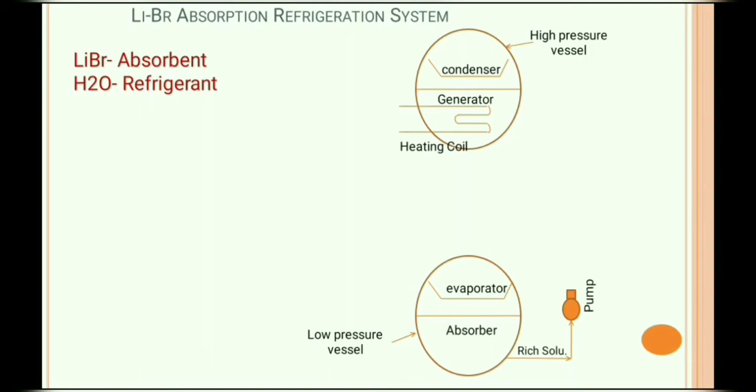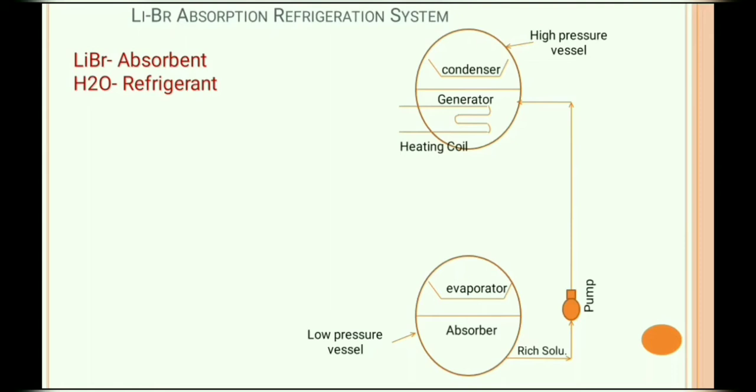The function of the pump is to increase the pressure of that rich mixture from the absorber or evaporator pressure to the generator or condenser pressure, and it goes to the generator. The pump is connected with the generator, therefore the rich solution will enter the generator.